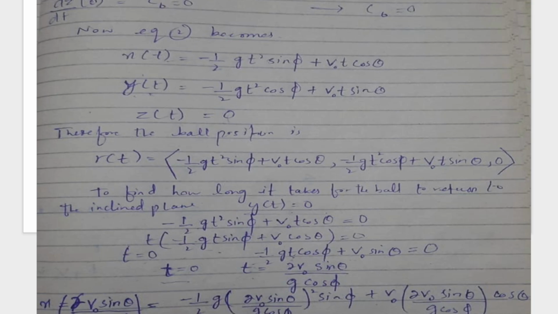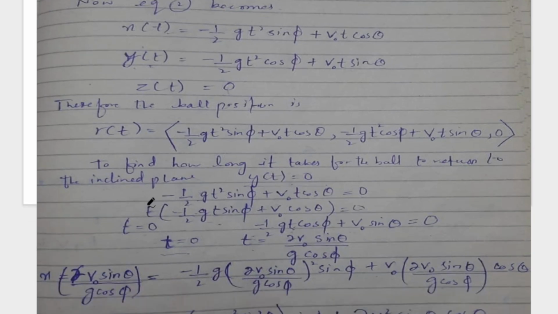So you can see further, now we have to draw this again. Here the situation is when we talk about the time along the y-axis at 0. So you can see this is the term. This is the x component equation, this is the y component equation, and this is the z.